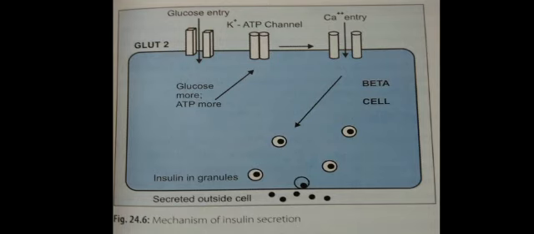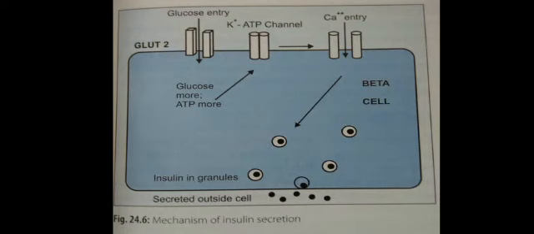Now the third step is, when the cell is depolarized, the voltage gated calcium channels open. You can see that in the picture. You can see the calcium is entering the cell, but the calcium is able to enter only when the ATP formed inhibits K plus efflux and the membrane gets depolarized.